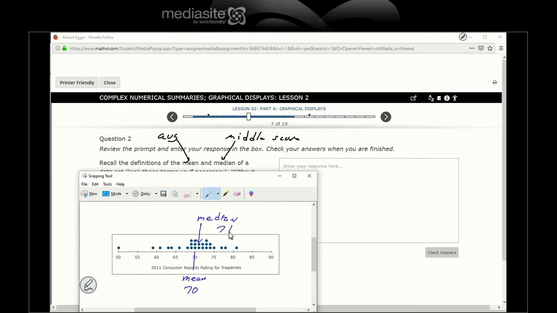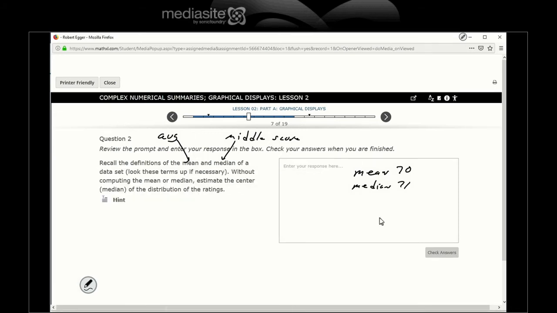Okay, so mean, 70, median 71. That's my guess. What do you think?